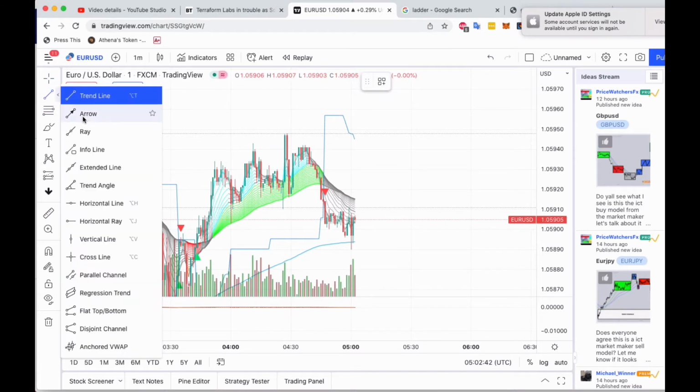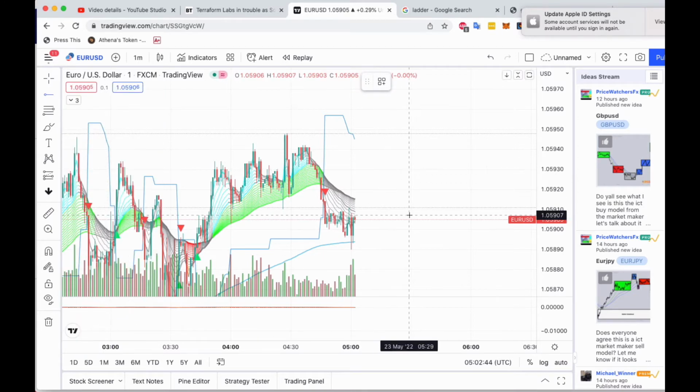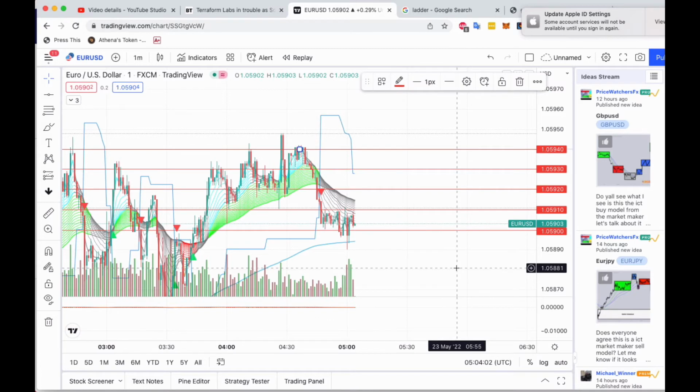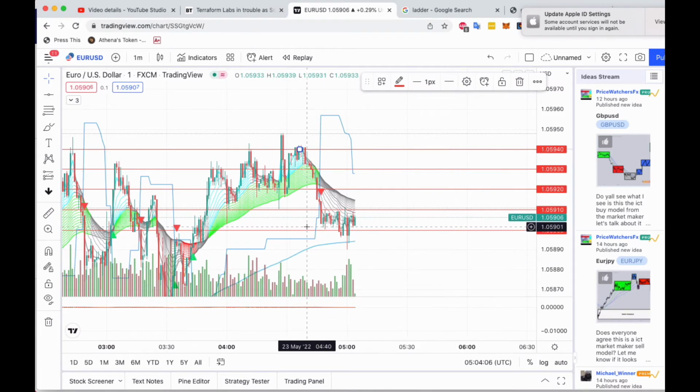Okay, what I want you to observe here is, what if we did horizontal lines? Because we are in a much smaller time frame, I want you to notice how there tends to be, again, stopping and reverting at all these different price levels. And why does that happen?